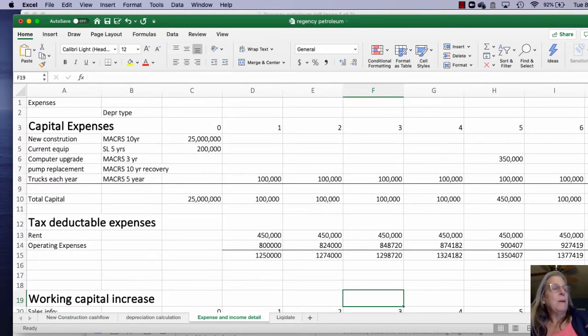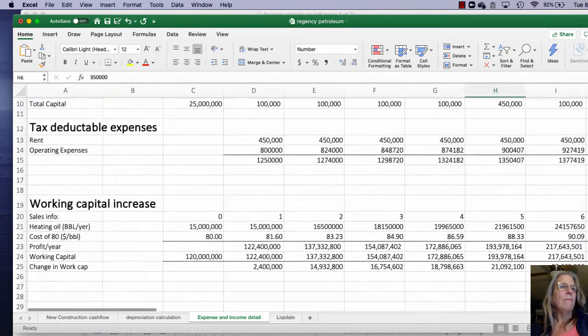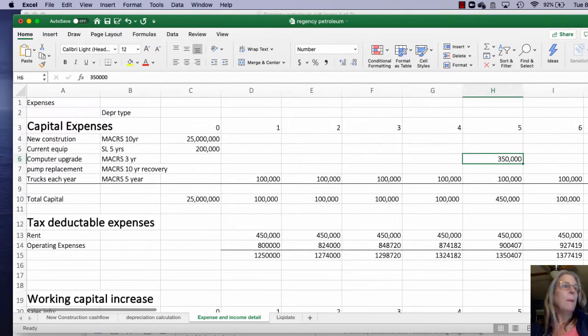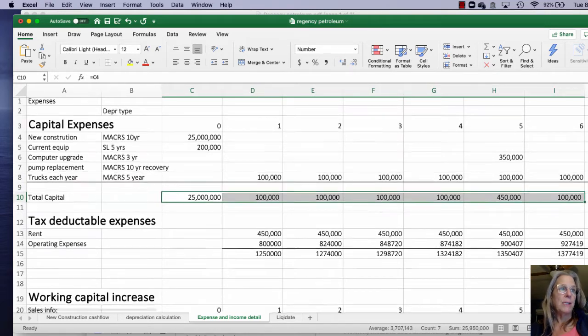The case study says the capital expenditures are going to cost 25 million, plus you need new equipment along the way: cars every year, trucks every year, a computer upgrade, and this item, 1.5 million, which is a pump replacement. They tell you all of these values and when they occur, so I included that, and this bottom line is the capital expenditures necessary.